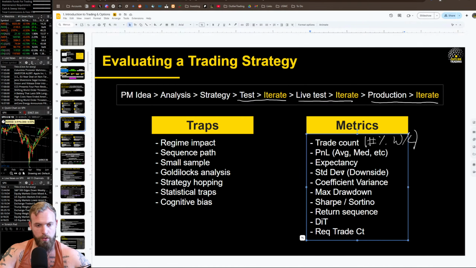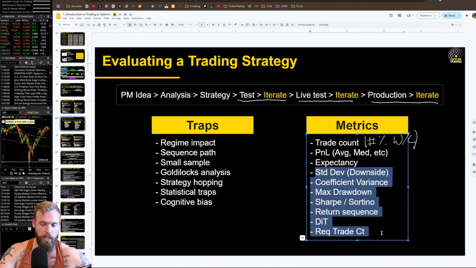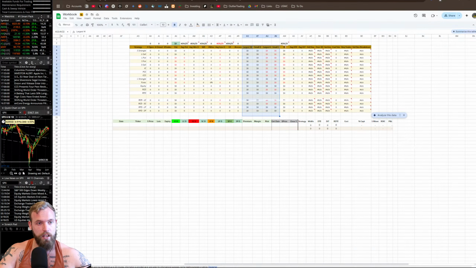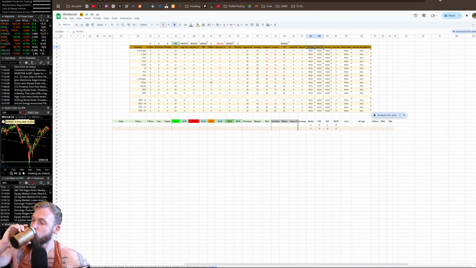Okay. So now we get into the more nuanced stuff that a lot of people probably don't look at. So first thing I like to plot is total standard deviation and then downside deviation. What this does is, standard deviation just tells me how a data set, the overall severity about a mean.